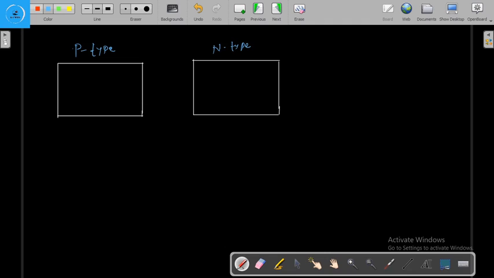Why is this p-type? Because here we have doped the silicon, the intrinsic or pure semiconductor, with p-type impurity, the trivalent impurity like boron.